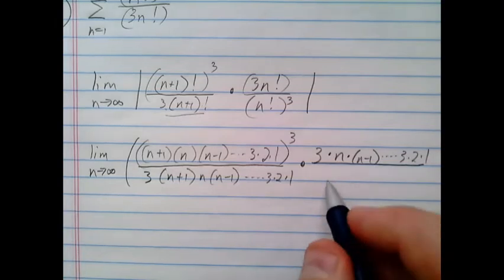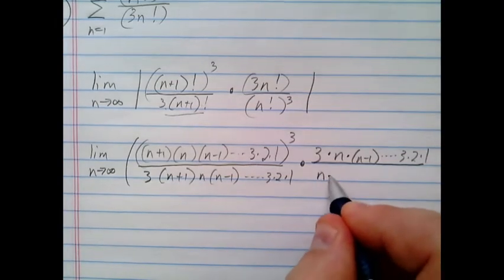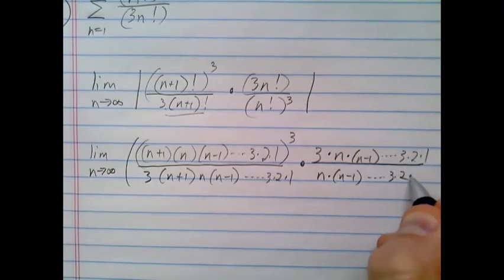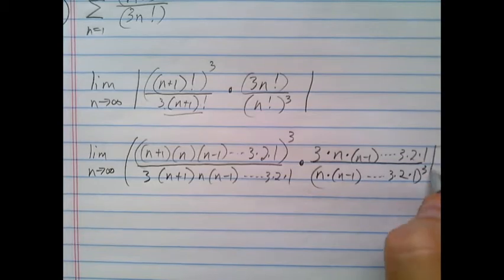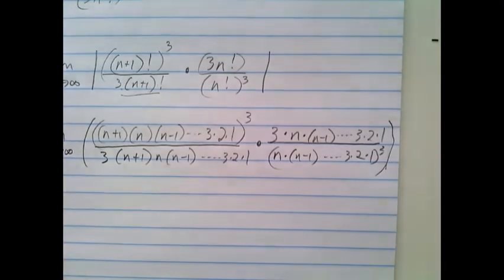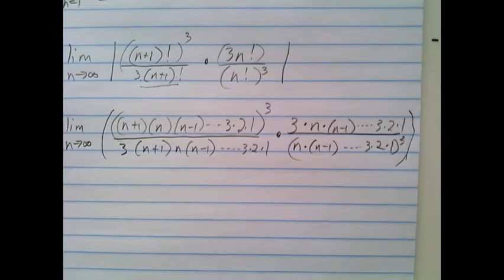And down here I've got that same thing again, n times n minus 1 back to 3, 2, 1, but it's cubed. Oh, and I said I wouldn't write the absolute value anymore, so let's fix that. Alright, well, it looks like there's a lot of opportunities for canceling. Let me go ahead and catch the low-hanging fruit. 3, boom. That was easy.